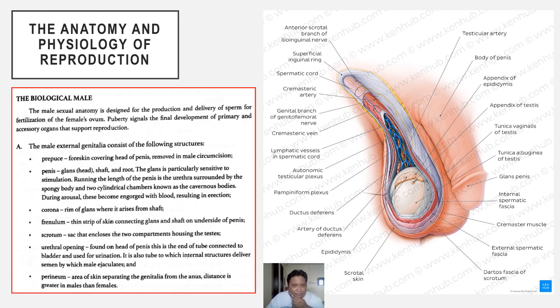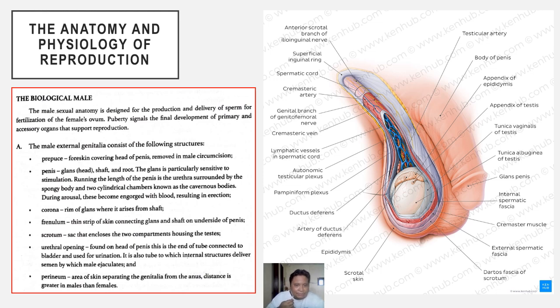The scrotum is the sac that encloses the two compartments housing the testes. The urethral opening is found on the head of the penis. This is the end of the tube connecting to the bladder, used for urination. It is also the tube through which internal structures deliver semen by which the male ejaculates.